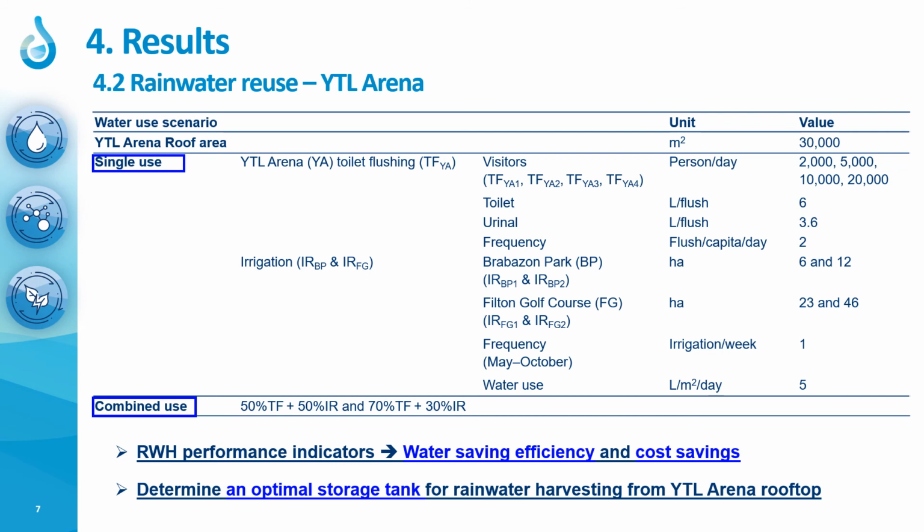The rooftop surface area is around 30,000 square meters. For the water reuse scenario, we considered single use for toilet flushing and irrigation, and the combined use with different ratios. We used water saving efficiency and cost savings as the performance indicators, and then we determined an optimal storage tank for this rainwater harvesting system.